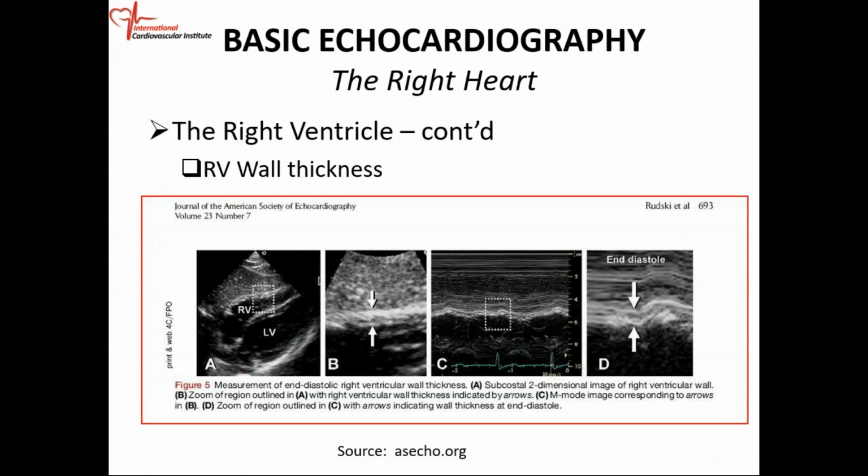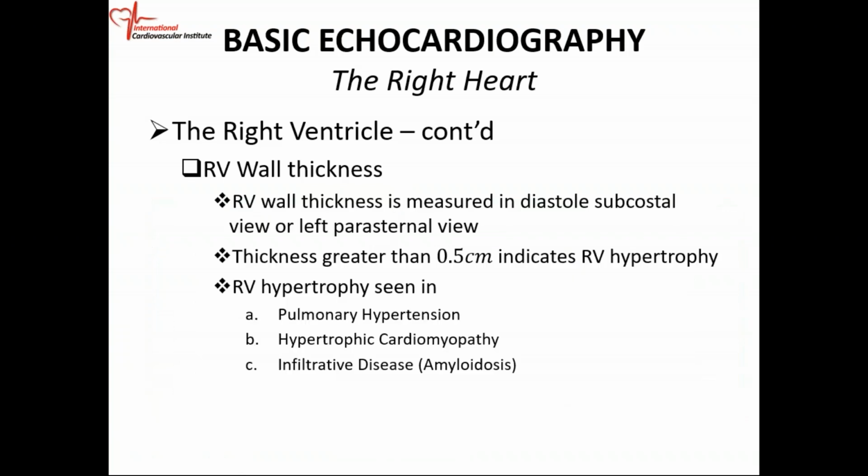Okay. Subcostal view, one of the best views to measure RV thickness. All right. So the RV wall thickness is measured again in diastole, in the subcostal view, or you can do the left parasternal view in diastole.